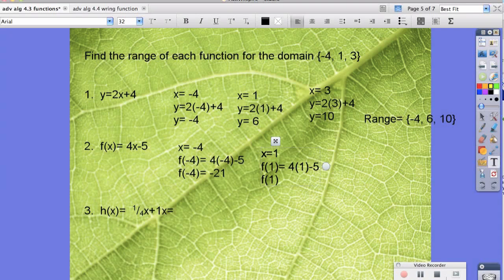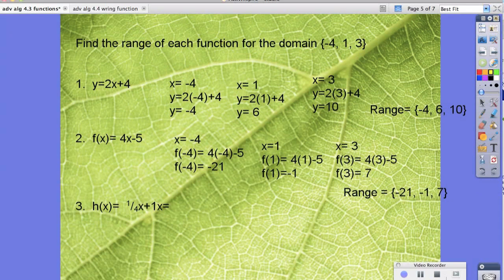So f of 1 equals -1. Same thing for x equals 3. F of 3 equals 4 times 3 minus 5, which is 7. Therefore, our range for the second one is {-21, -1, 7}.